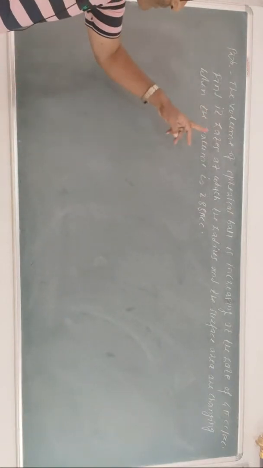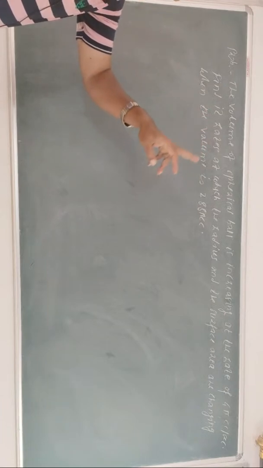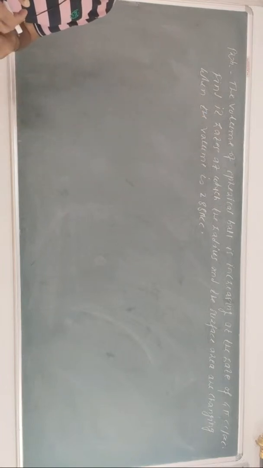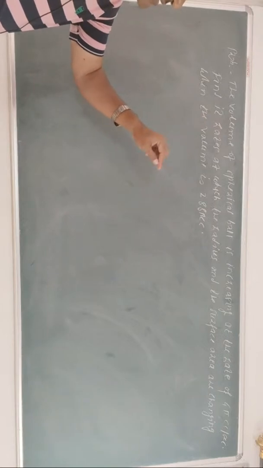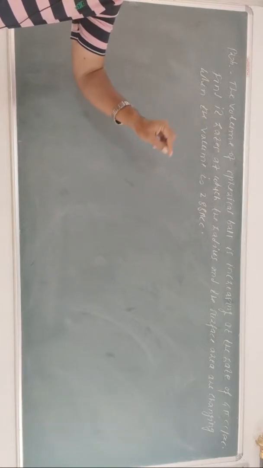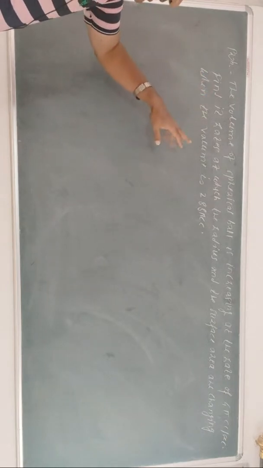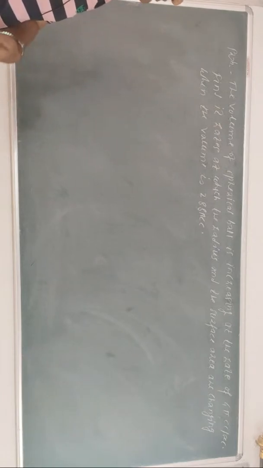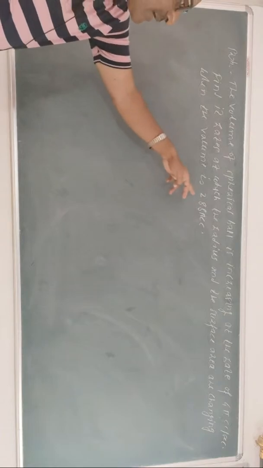The volume of a spherical ball is increasing at the rate of 4 pi cc per second. Find the rates at which the radius and the surface area are changing when the volume is 288 pi cc.